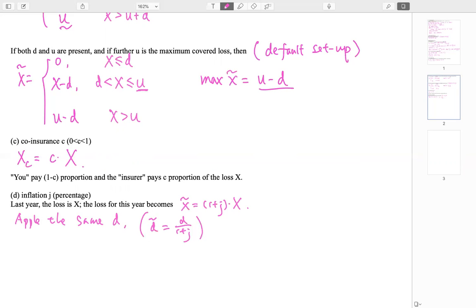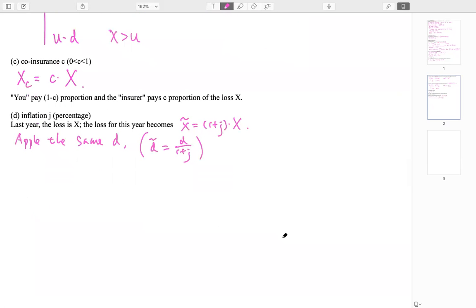That is because the size of the loss goes up, and if you apply the same deductible, effectively you apply a smaller deductible D tilde, the original one divided by 1 plus J. The reason is simple. You can factor out this factor, then it becomes X minus D divided by 1 plus J, taking the positive part. So that's something we really need to focus on.